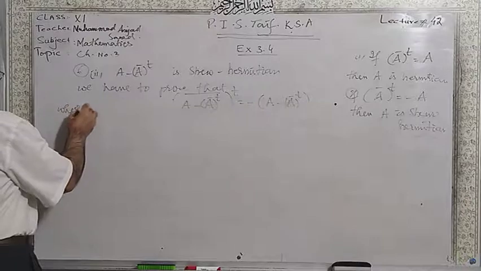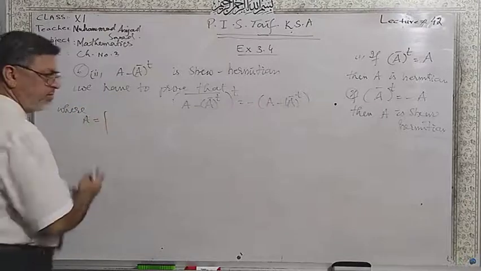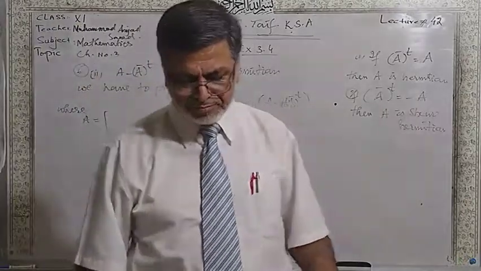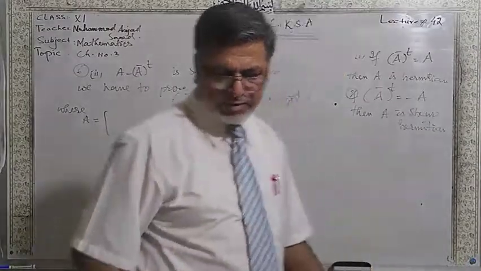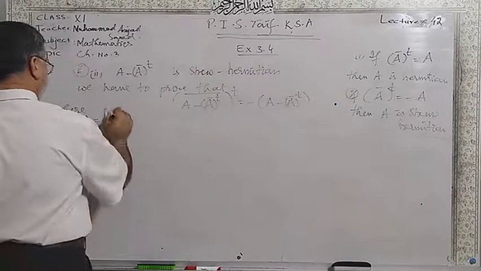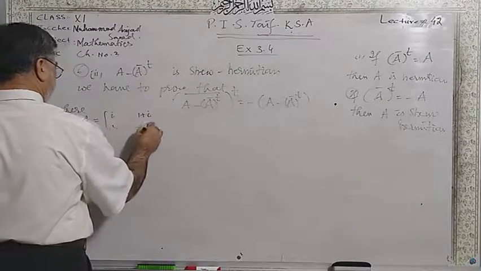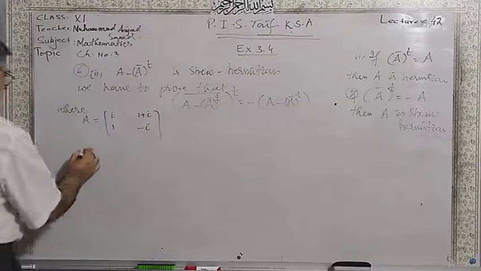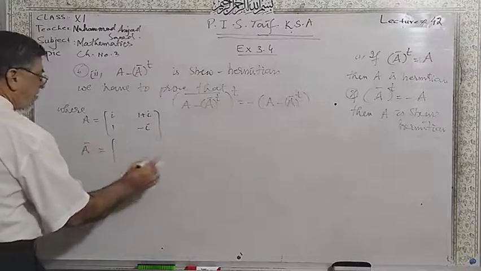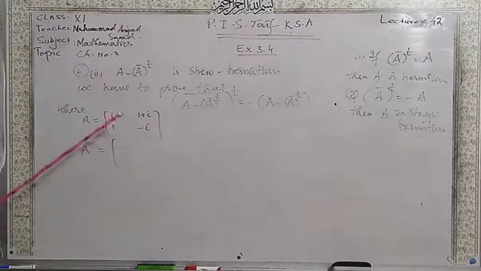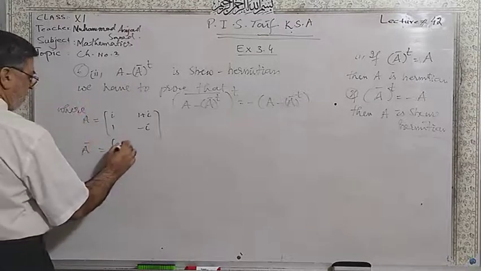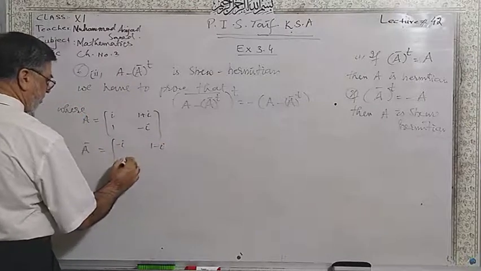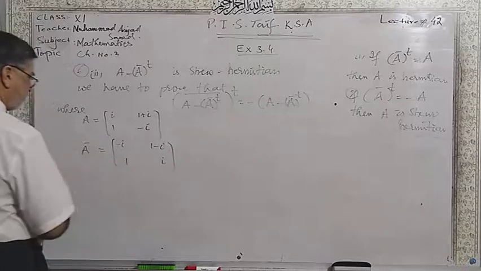Where A is equal to, what about A? A is equal to iota, 1 plus iota, 1 minus iota, iota. What about A bar? A bar means conjugate of these numbers where the iota is involved. So there will be a change of sign before iota: minus iota, 1 minus iota, 1 plus iota.